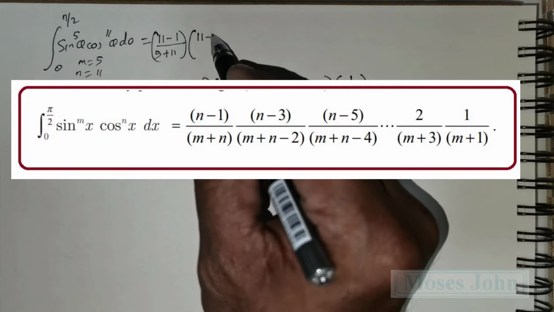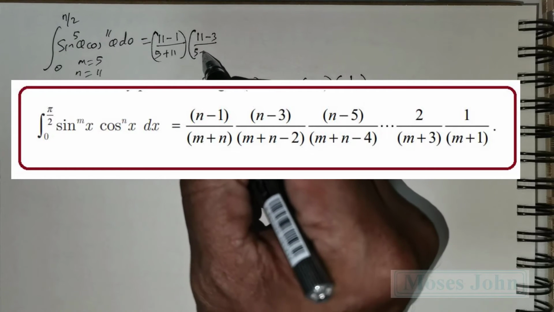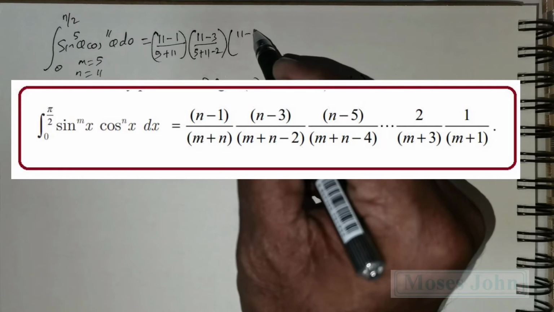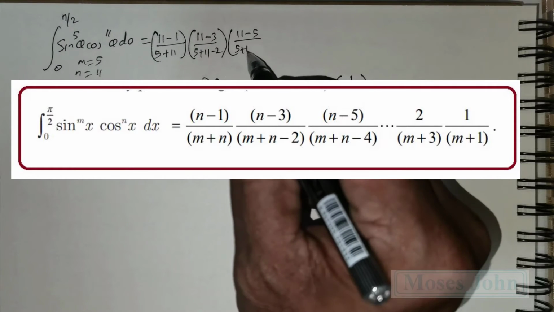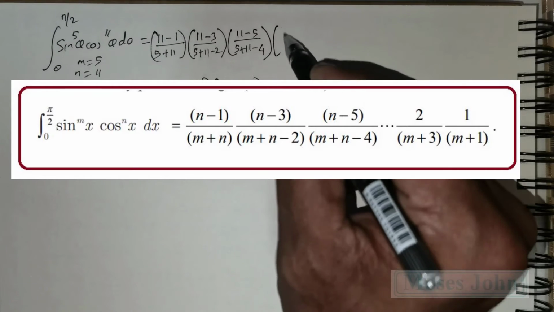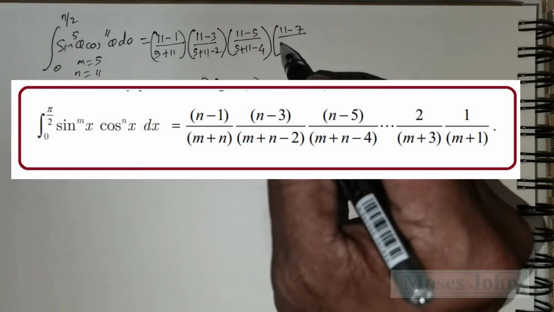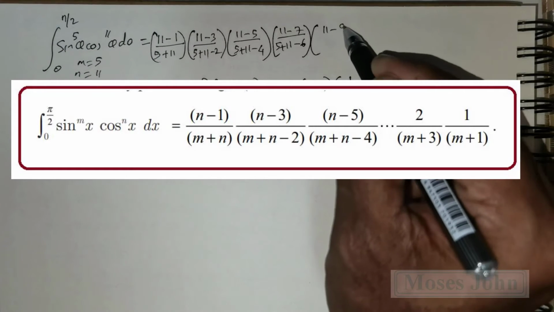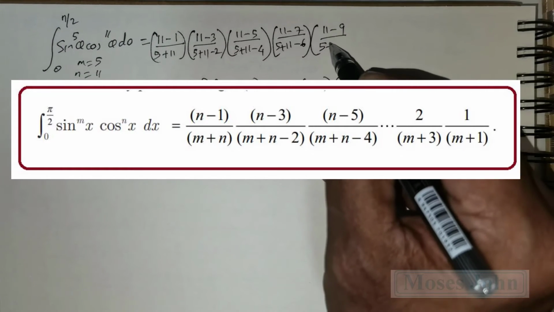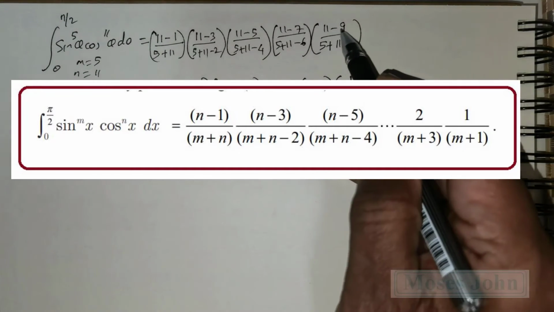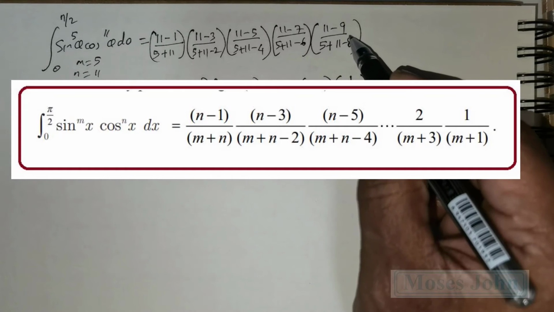Then (11-3)/(5+11-2) times (11-5)/(5+11-4) times (11-7)/(5+11-6), (11-9)/(5+11-8). Now 11-9 will give you 2.